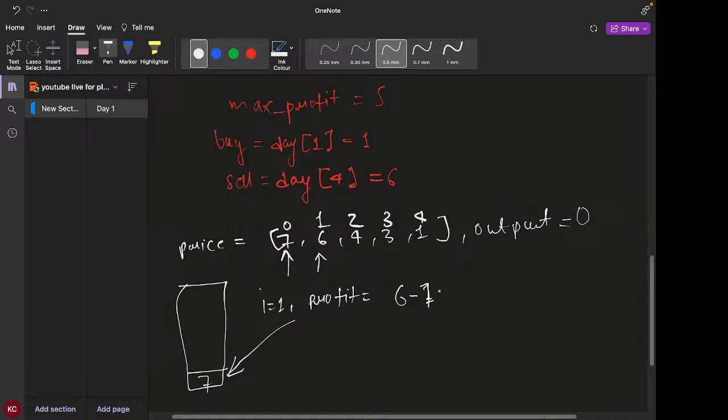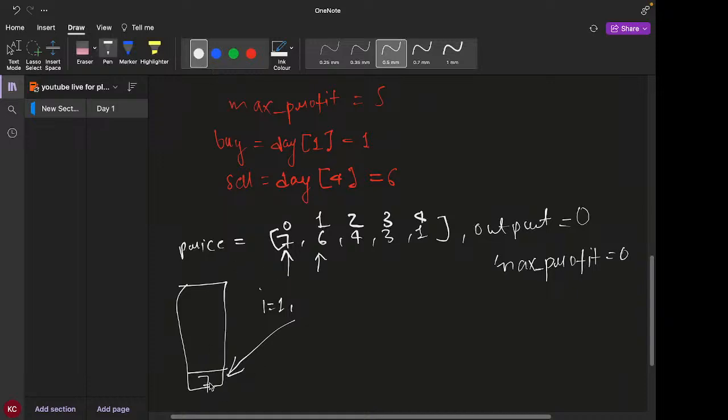Is it possible to calculate? And I have to maintain a max profit variable so that I can update my profit. The profit is negative, and we already know that if we get something smaller than the current top, then we should update the stack.